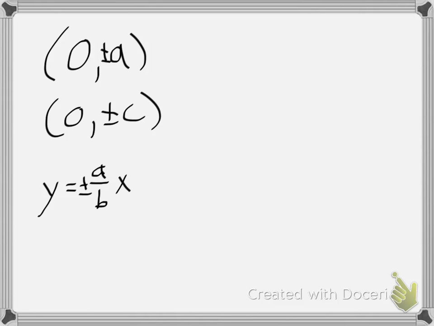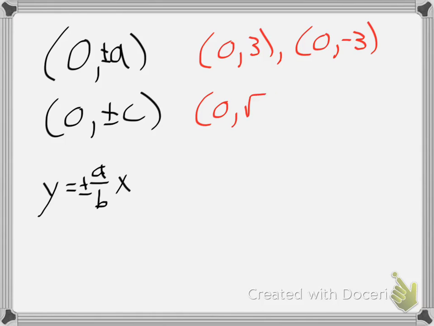So my a in this case was 3, so (0, 3) and (0, -3) are my vertices. My foci: the value for c was the square root of 34. So (0, square root of 34) and (0, negative square root of 34).